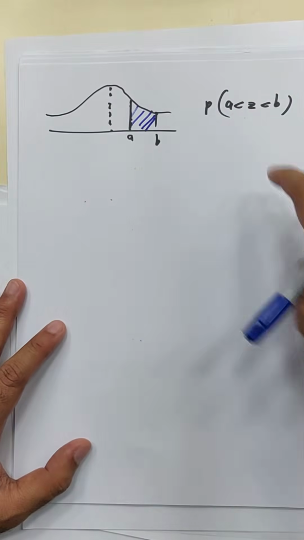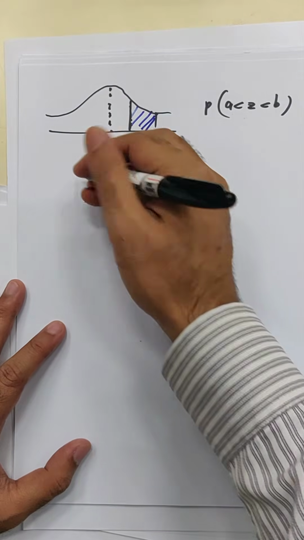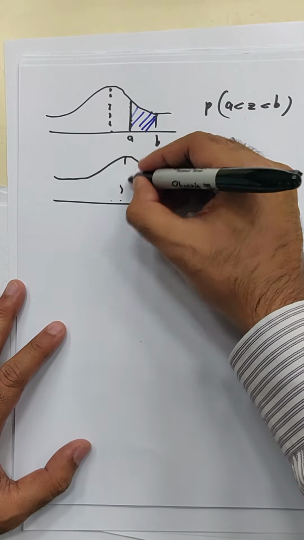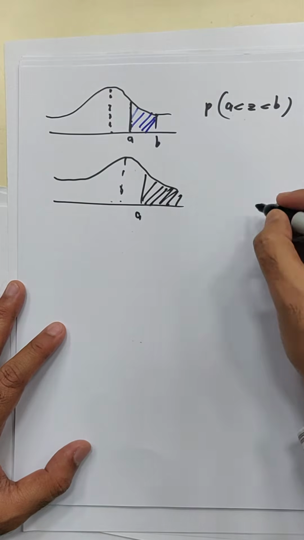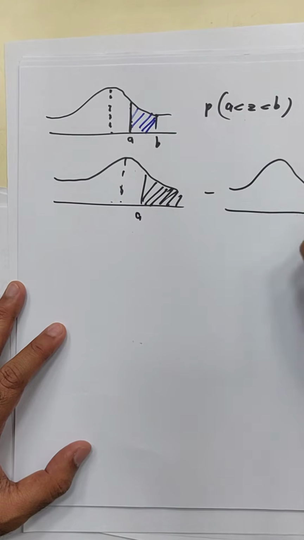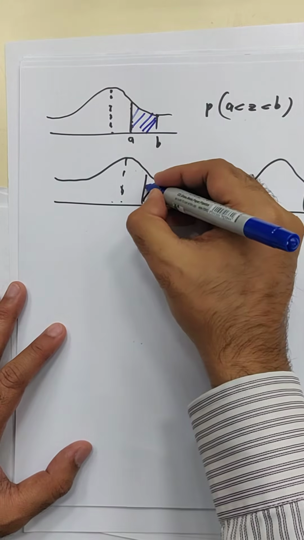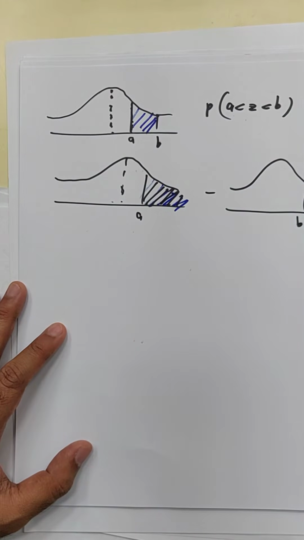Yep, A minus B. Z more than A minus Z more than B. If you're having difficulties, then what we are doing is basically this. Minus. Basically here's your blue and here's a bit of red.